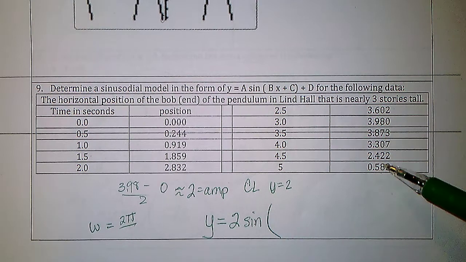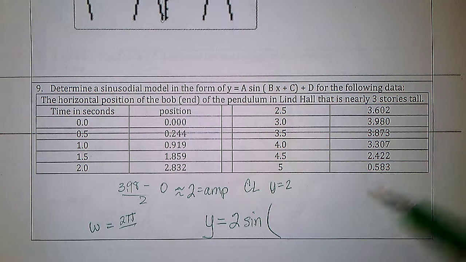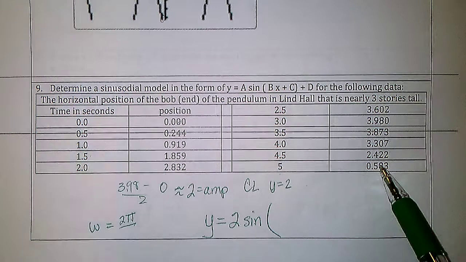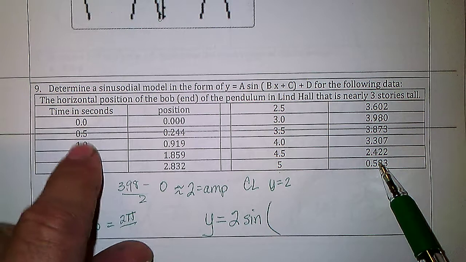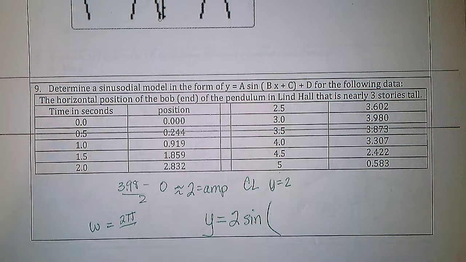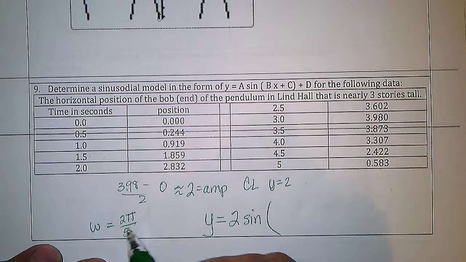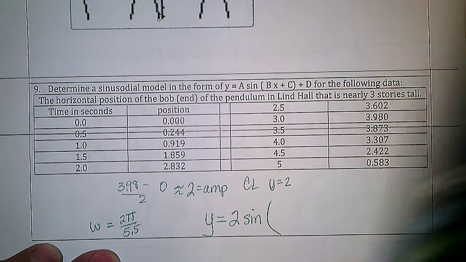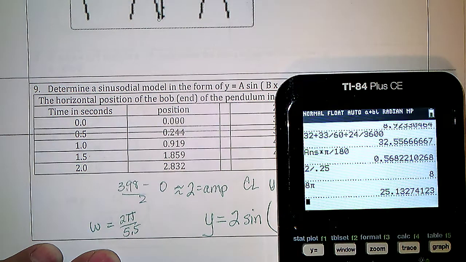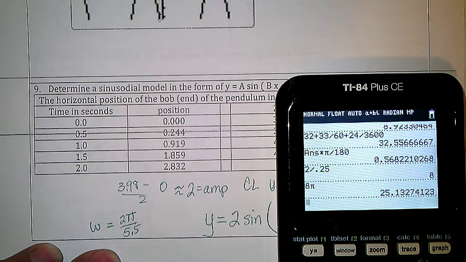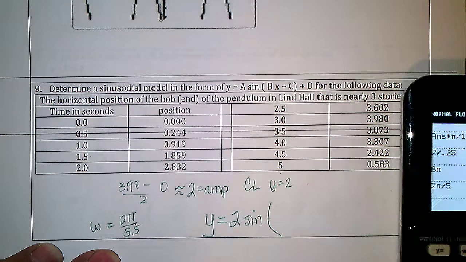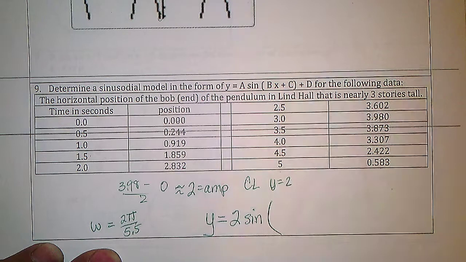It's not quite back to 0 at 5. It's getting close. 0.5 is somewhere around almost 1, so it's probably 5.5. If you used 5, I'd be okay with that. Just for our interest here, 2 pi divided by 5 is 1.26.